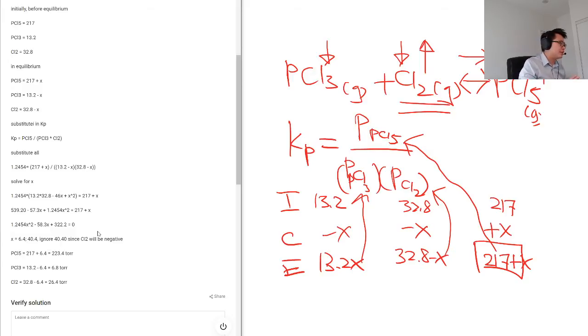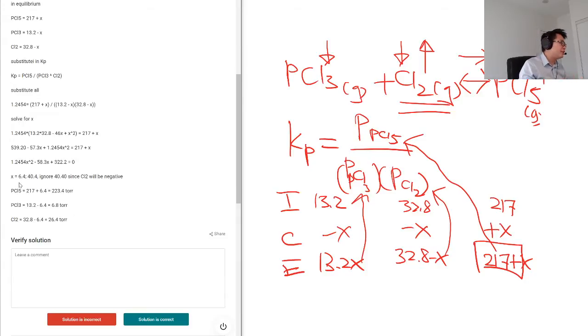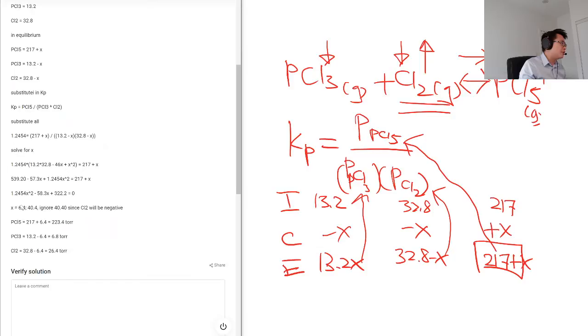We are going to solve for that as a quadratic equation, and you should be able to find that x will be equal to either 6.4 or 40.4. But for this case, we're going to ignore 40.4. The reason is that x cannot be bigger than 30.2.